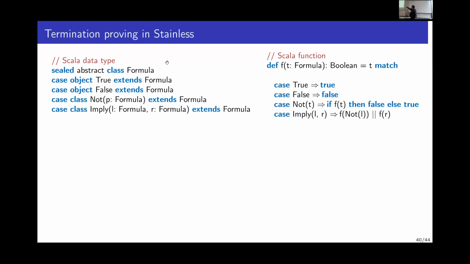So how can we prove termination of something like that? This is recursive, so it might not terminate. Well, Scala supports out-of-the-box manual measure annotations. So the programmer can write something like decreases t.size, which in this case does not prove termination, because the verifier gets stuck on the last rule where f is called on not of the left-hand side of an imply.